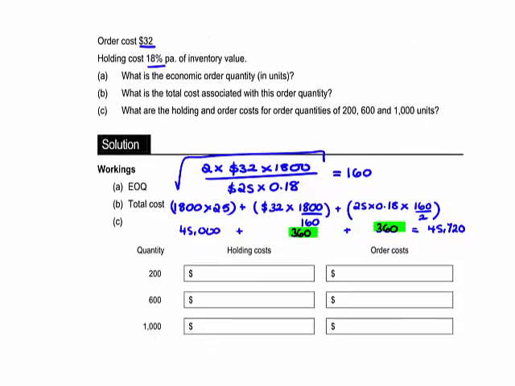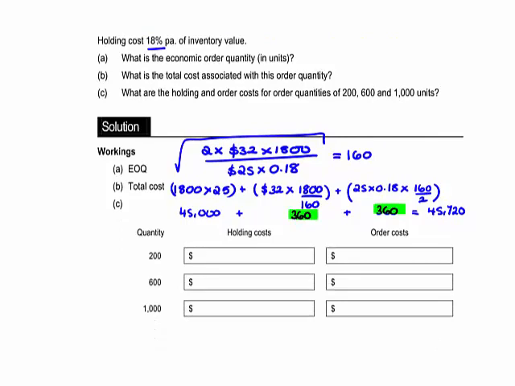If we work out the holding costs and the ordering costs if we deviate from the EOQ and order 200, 600 or 1000 units. So if we start off then, if we order 200 units, well, our holding costs then are going to be $25 times by 0.18, so the $4.50, times by my average inventory of 100 units. So my holding costs will be $450.